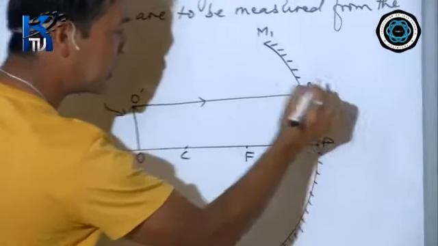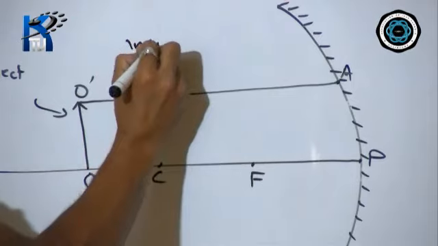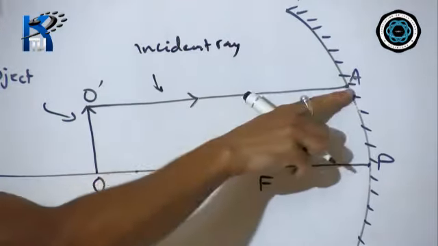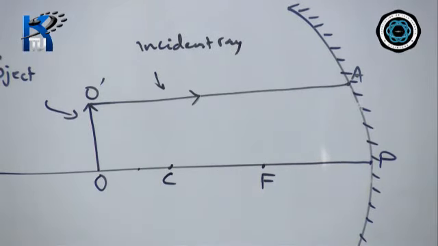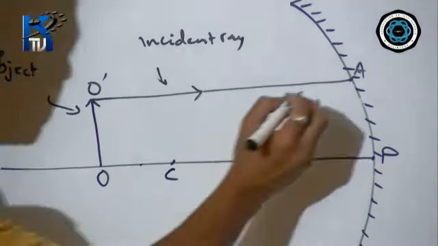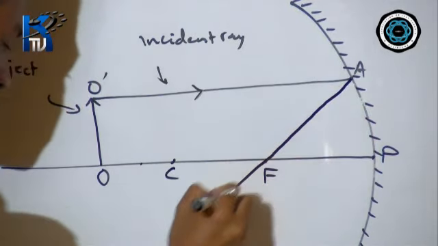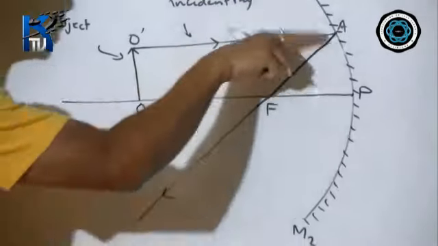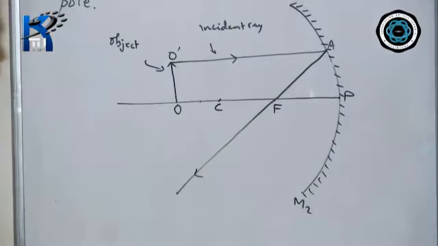Let me mark this as A. So OA dash is the what ray? Incident ray. So one of the incident rays strikes at A, that is A acts as the what? Point of incidence. What happens as per the rule? It reflects and passes through the focus. So it goes this way. So this ray is the reflected ray. This is the incident ray. So we have followed one of the rules, that it passes through the focus.